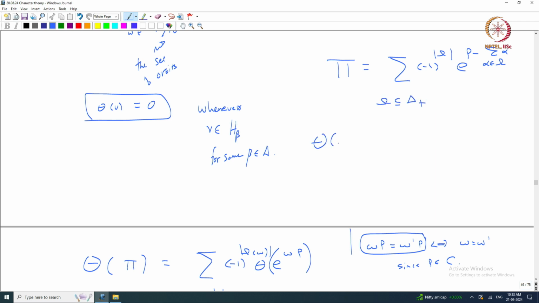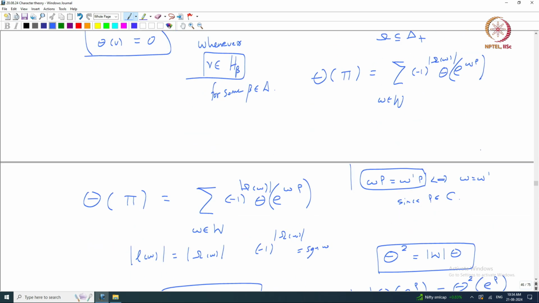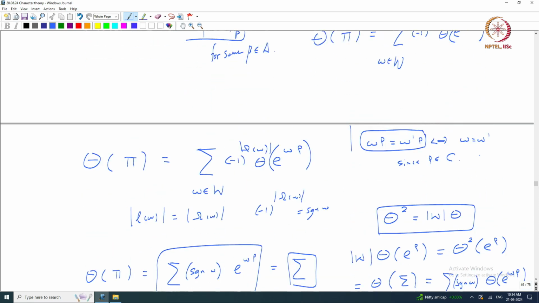Now, if I apply theta of pi, then whenever v comes from the hyperplane, it becomes 0, or otherwise this is going to be of the form w rho. So, then this is giving me exactly summation w in W, minus 1 power the cardinality of omega of w, e power theta of e power w rho. Okay. So, that is the mistake that I have done.